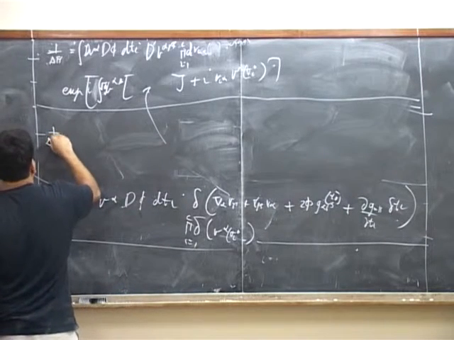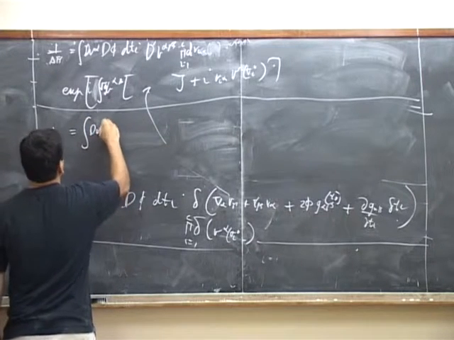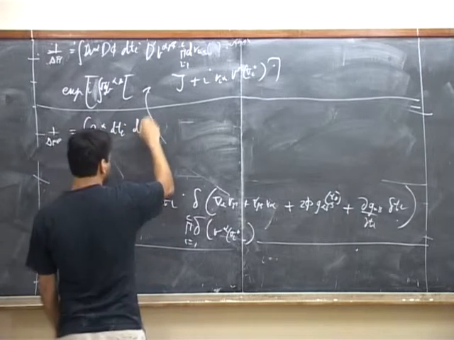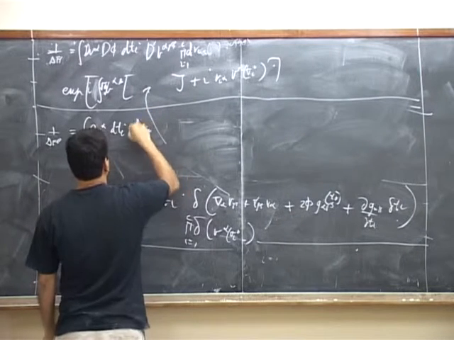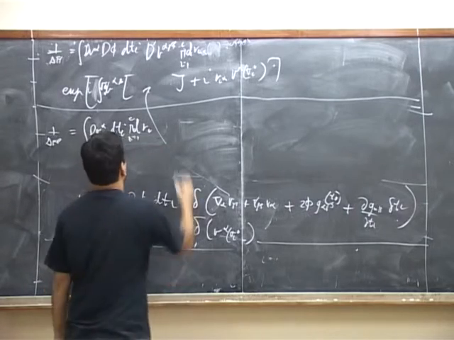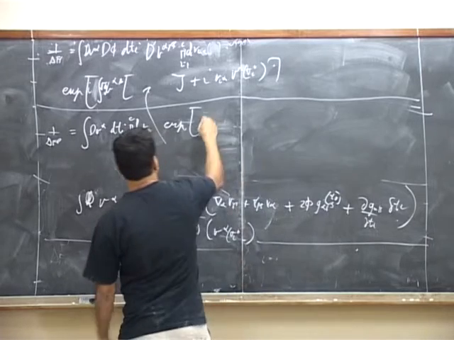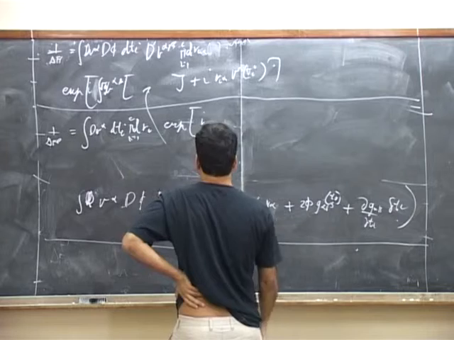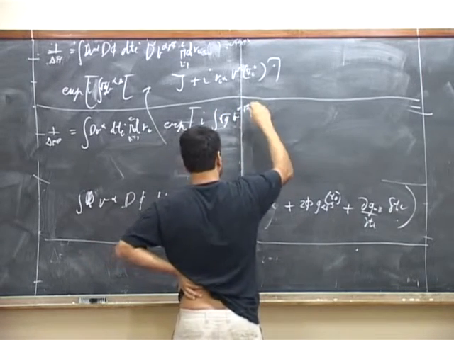So 1 over delta f is equal to the integral over db alpha beta, dπi, dri, okay? And then exponential of, now let's write everything out explicitly, exponential of i times the integral of square root g b alpha beta.